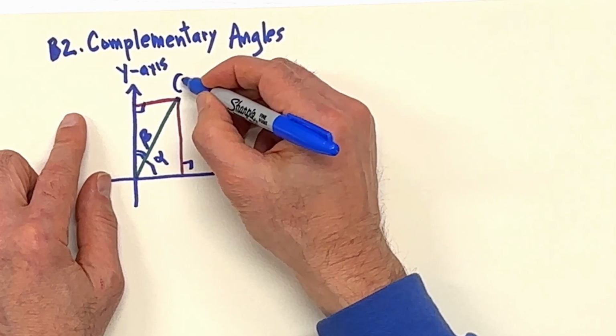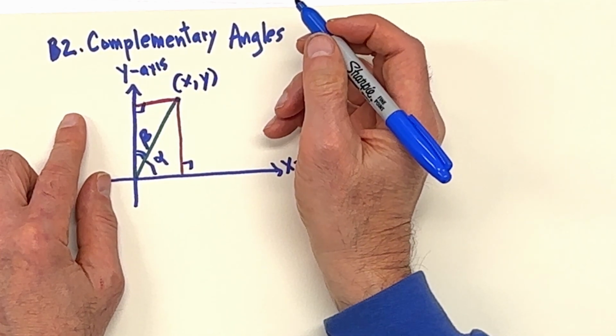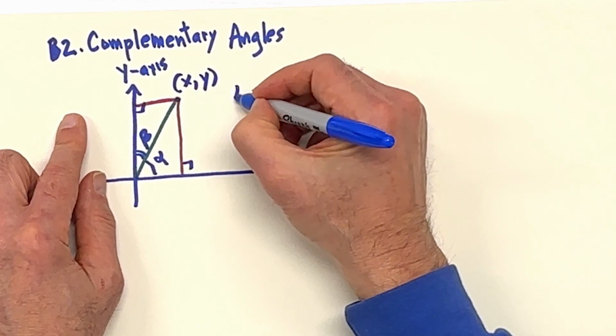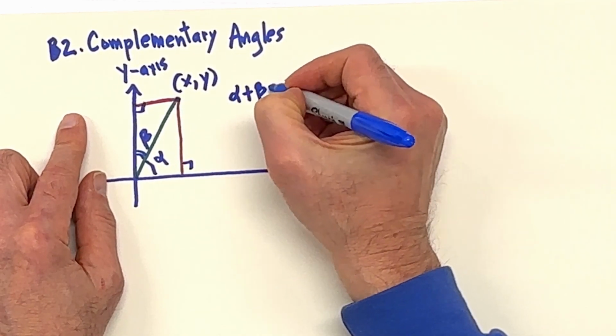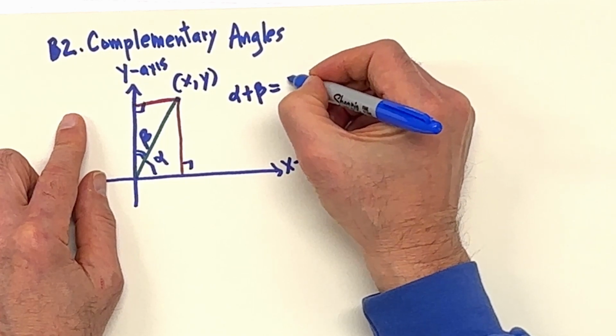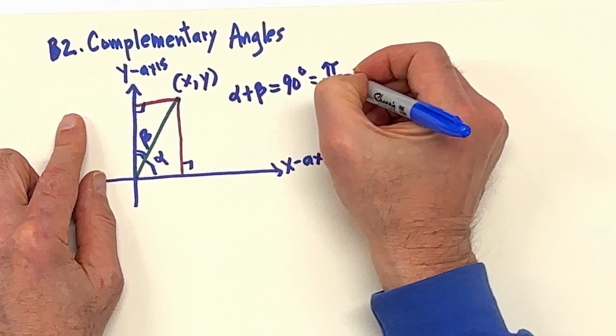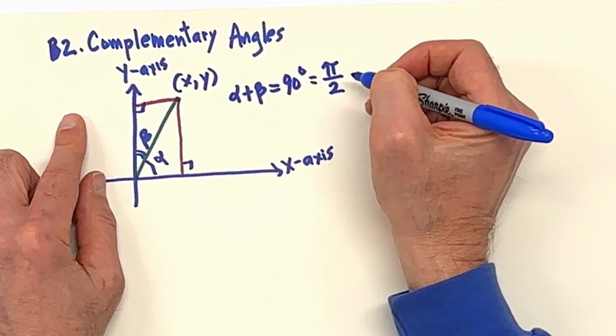We'll label this the point x and y. And alpha plus beta is a 90-degree angle. So we can write that as 90 degrees, or in radians, pi over 2.